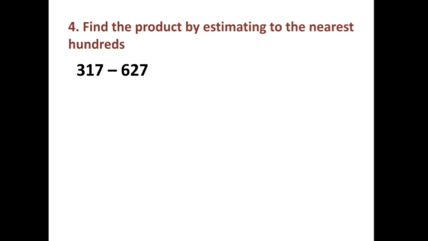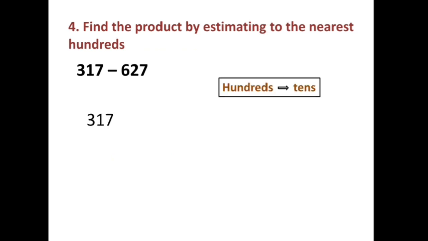Fourth one, find the product by estimating to the nearest 100. Product means we have to do the multiplication. Now let us copy the numbers. 317. Here the estimation is for hundreds place. Then we will check the tens place.